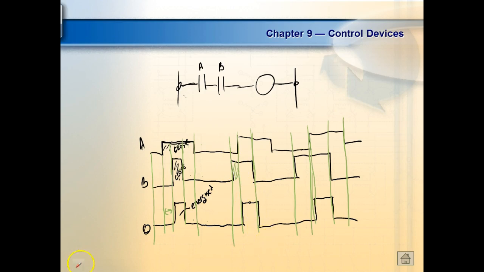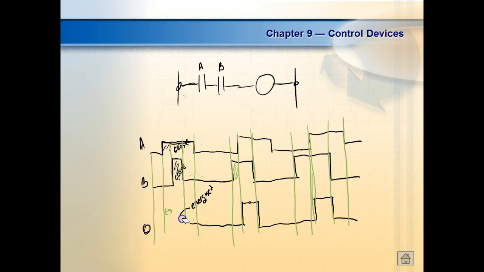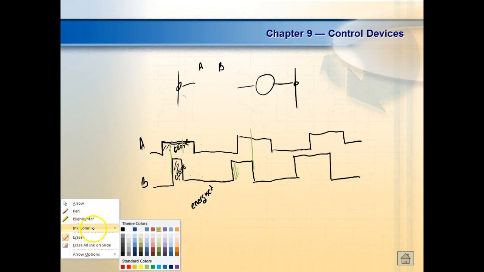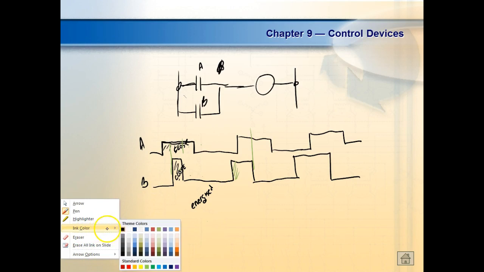Now if this was an OR, let's change it back. Let's say, okay, now this is an OR. So what we would do is let's just erase the bottom. And how would I do an OR? We put our contacts in parallel. Now B's down here. So what would happen here? So this is an OR. So here I would do what? So let's identify the edges again.